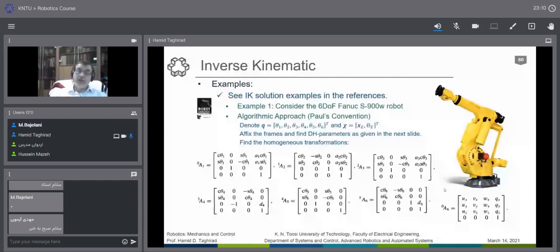And as well, you can see there is something here which is a weight compensator. This is usually in a FANUC or in many robotic manipulators, where you have a hydropneumatic weight compensation here.